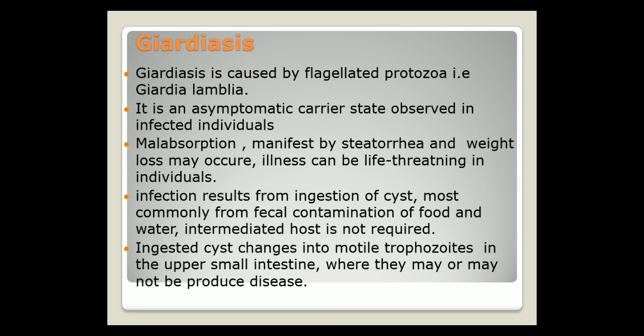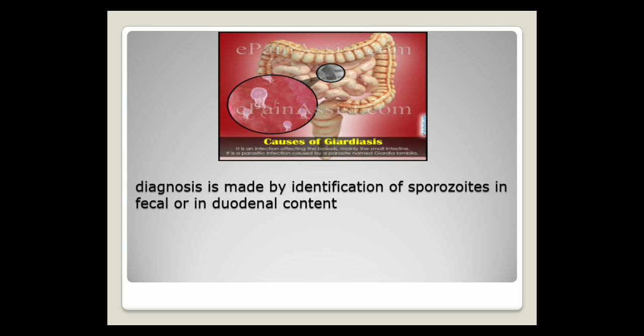Ingested cysts change into motile trophozoites in the upper small intestine, and may cause infection or produce disease. In the diagram, the trophozoites get released into the small intestine and can cause giardiasis. The diagnosis is made by identification of trophozoites or cysts in the feces or in duodenal content.